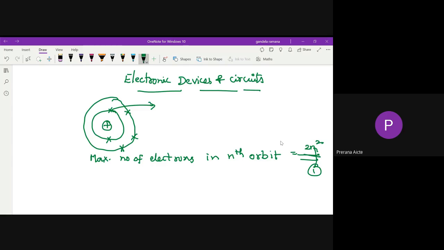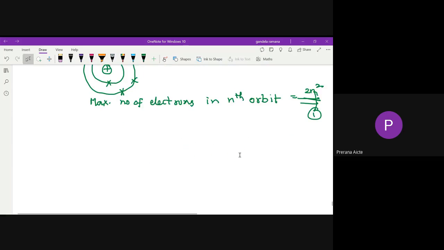So it is the amount of energy required for the valency electron to become a free electron, called ionization potential. How much energy is required to become a free electron?